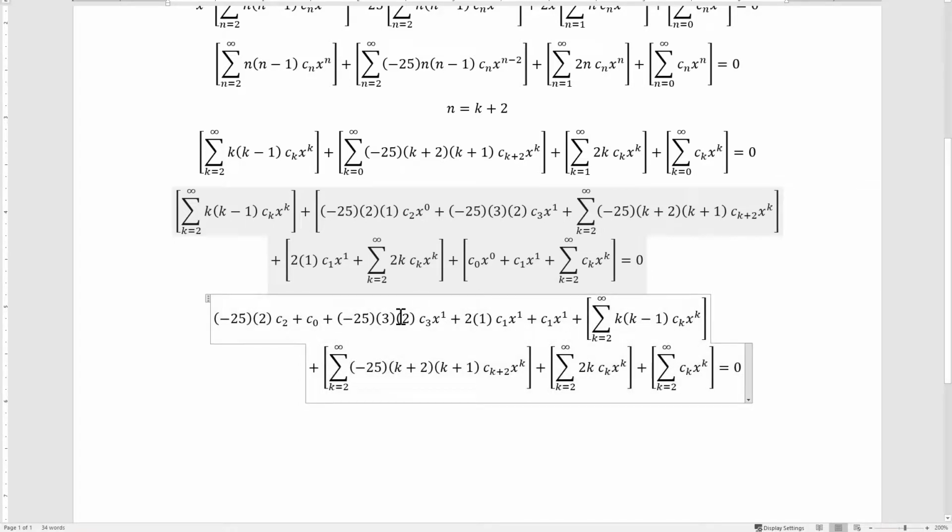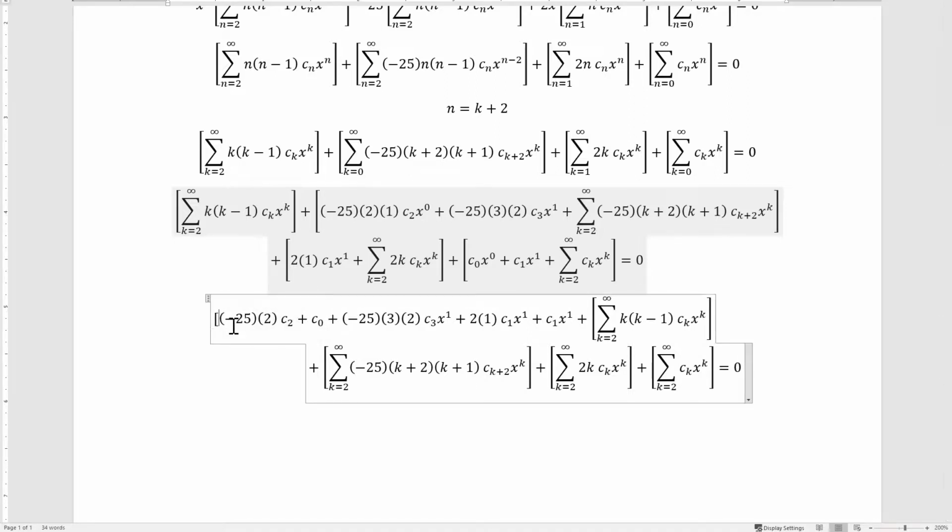X to the 0, that's gone. So these two can get wrapped up together. So let's bracket them. And then now we have x to the first power. That's just x, x to the first power. That's just x, x to the first power. That's just x. There's a 1 here. Let's check that out.